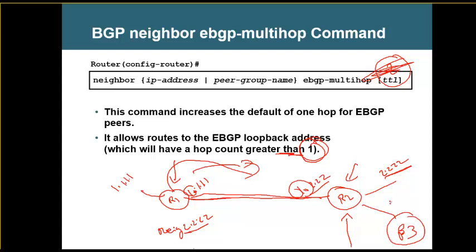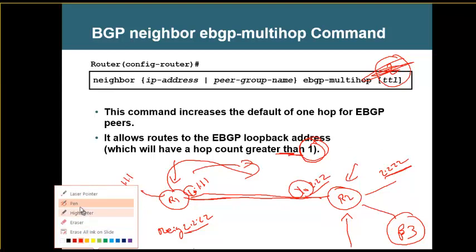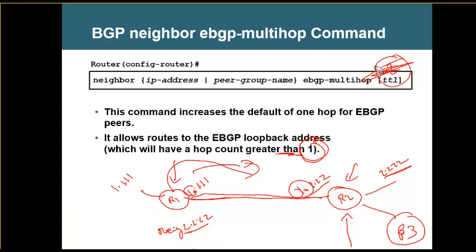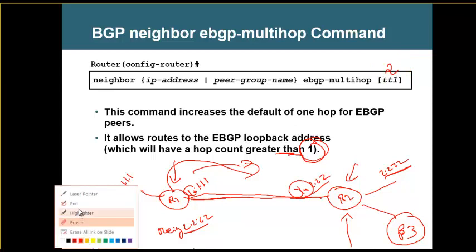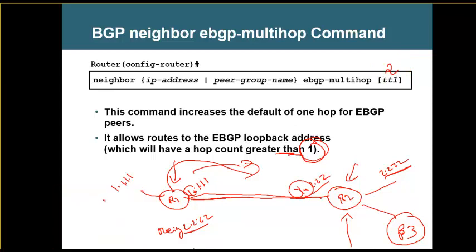Even though 2222 is one hop away, we have to say BGP2 so that BGP will know the neighbor is not directly connected. If the neighbor is 2 hops away, how can it be directly connected?